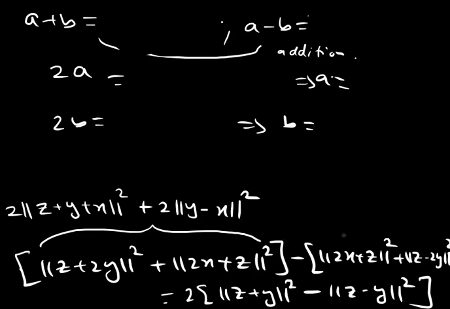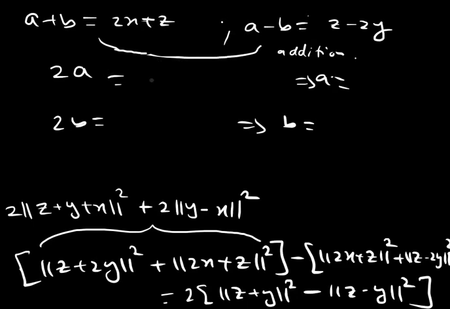So let's call now this as a plus b, this term. So a plus b is, let me say, 2x plus z, and a minus b is z minus 2y.